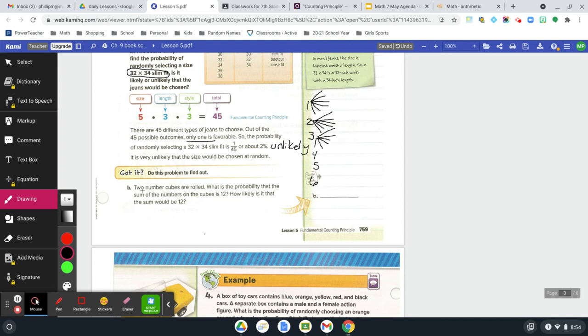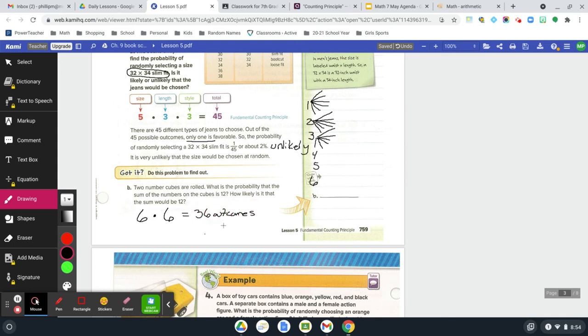So let's do that. 2 number cubes. First number cube, you know there's 6 possibilities times the second number cube, 6 possibilities. So if you were to do that, 6 times 6, that means you have 36 possible outcomes when you roll 2 number cubes.